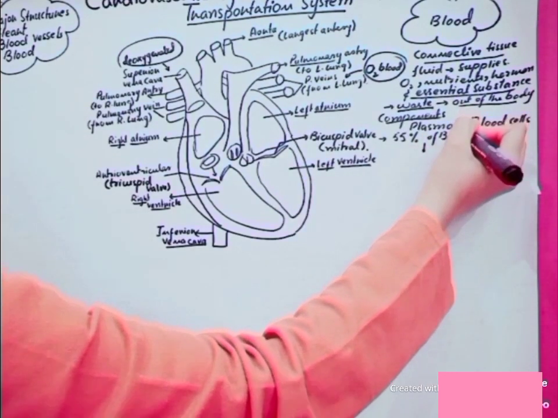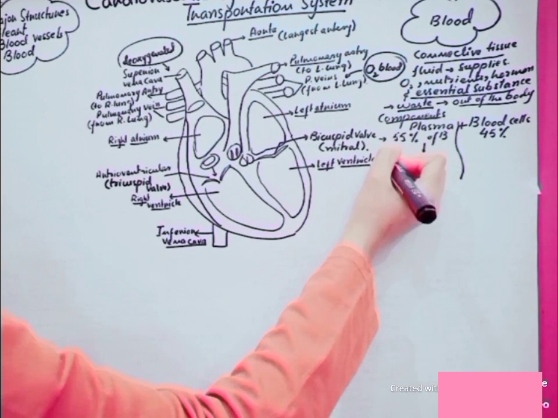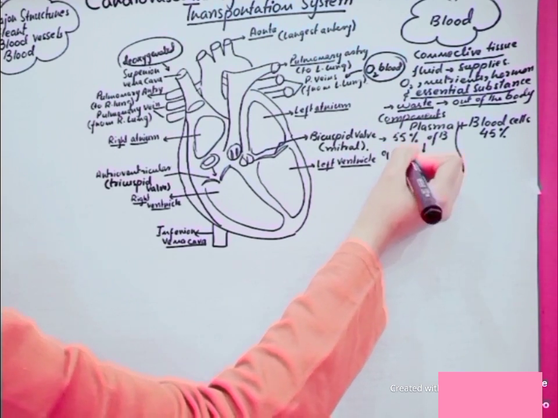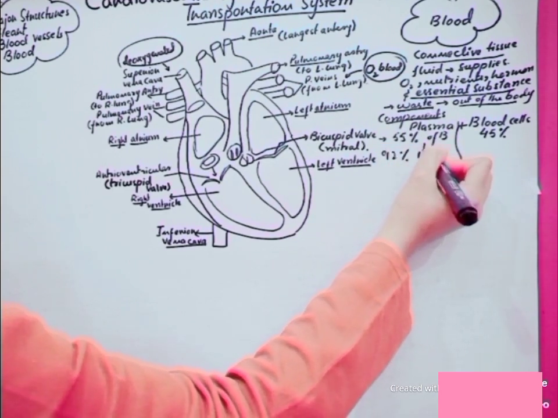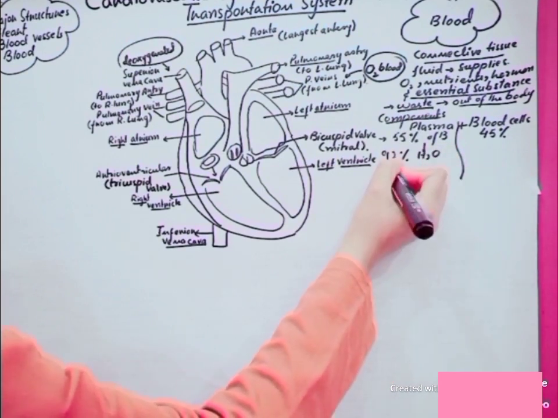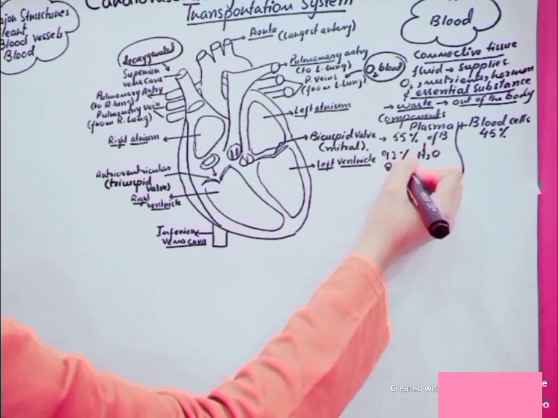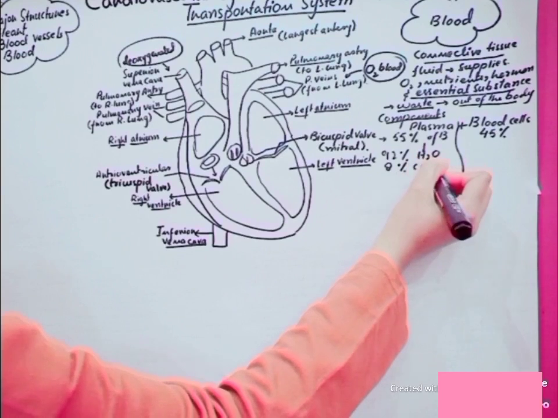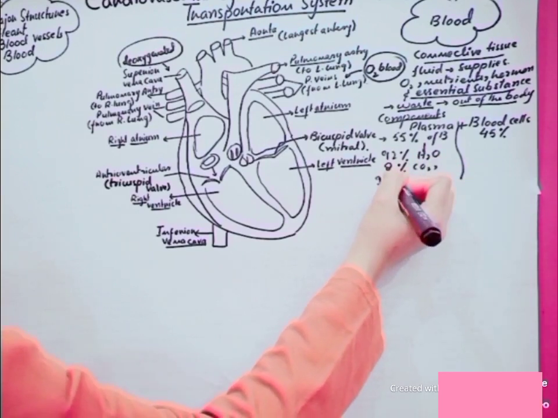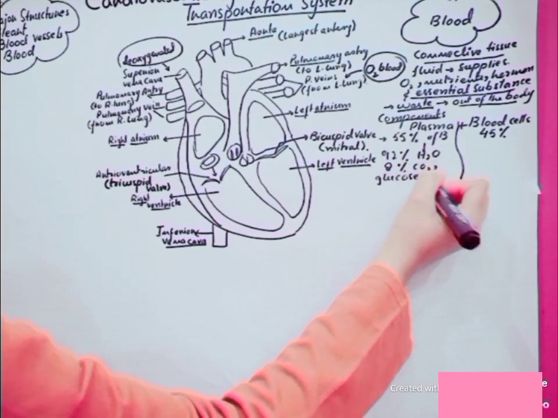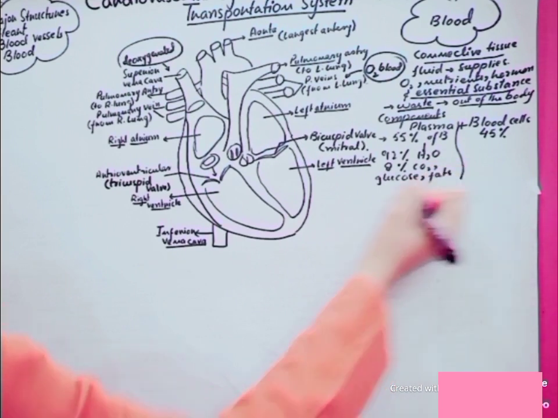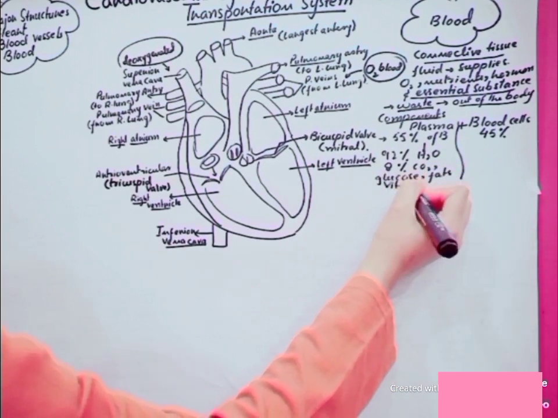Plasma itself consists of 92% water, while 8% is carbon dioxide, glucose, fats, vitamins.